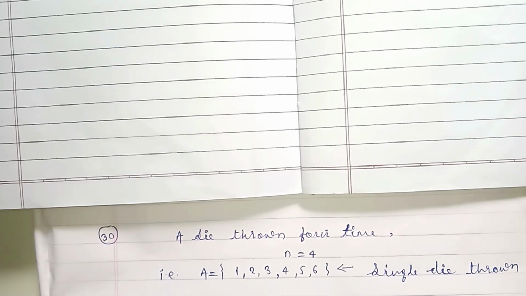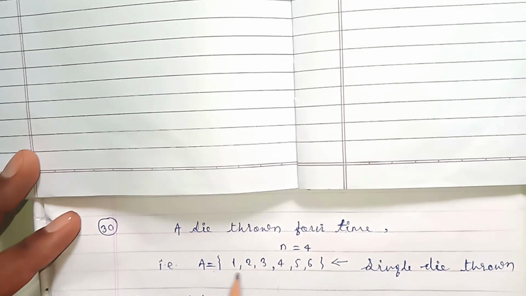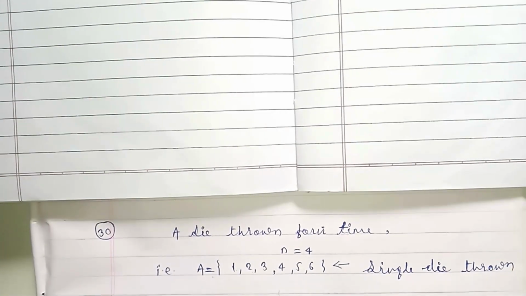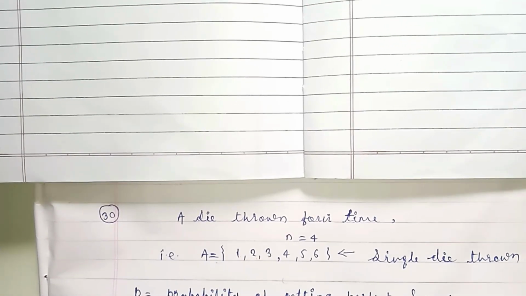A die has a total of 6 sides, one upper, one lower, and the other four are the curved sides. Every side has one number written on it, so there are total 6 numbers. So if we throw a single die, we get one of 1, 2, 3, 4, 5, or 6.